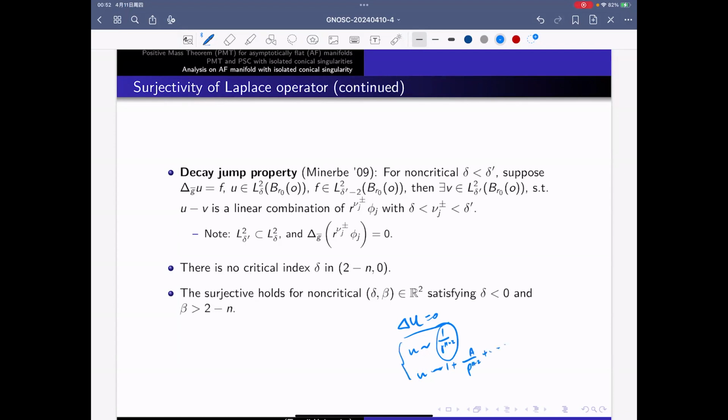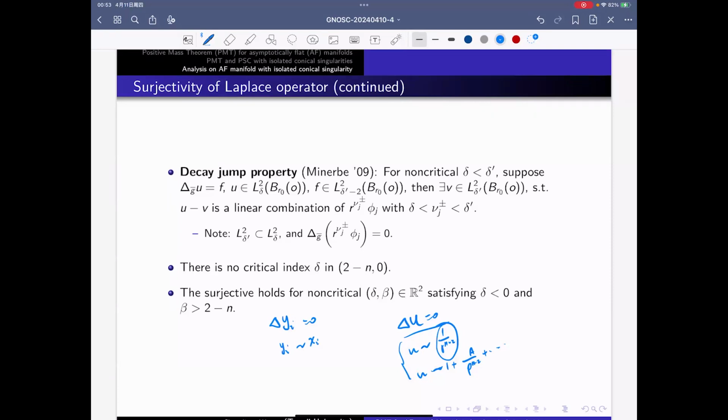And when we prove the rigidity, we need to solve the harmonic function that is asymptotic to the Euclidean coordinate at infinity.